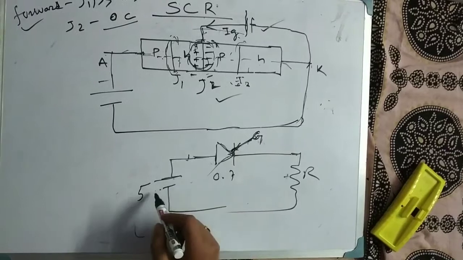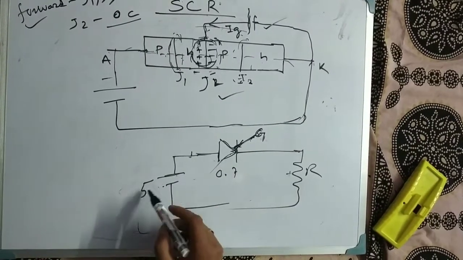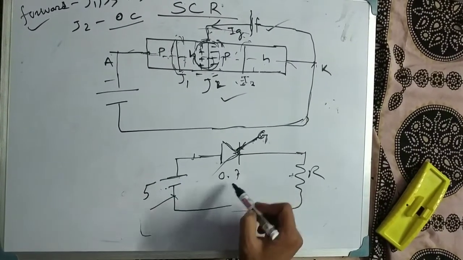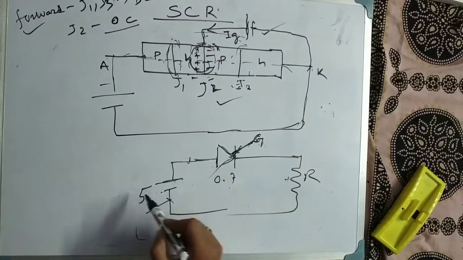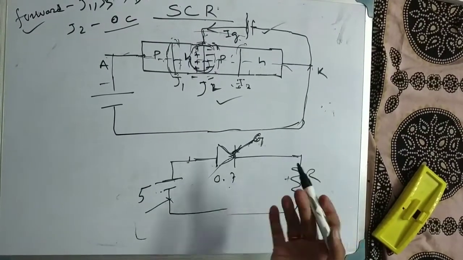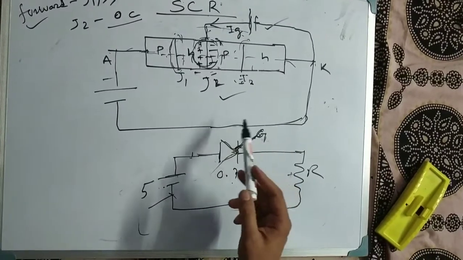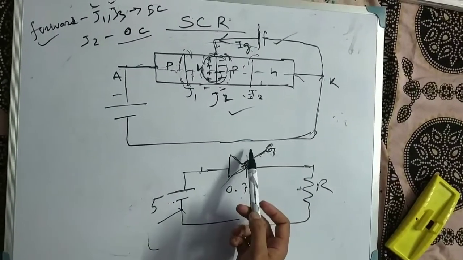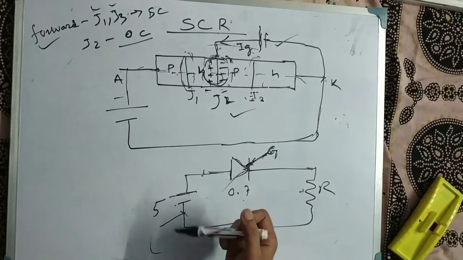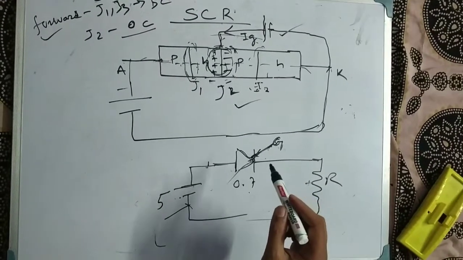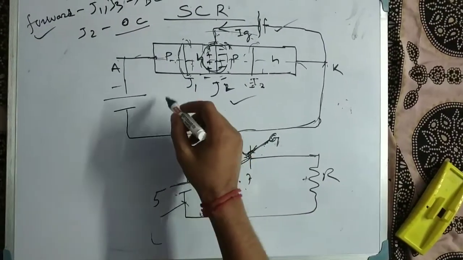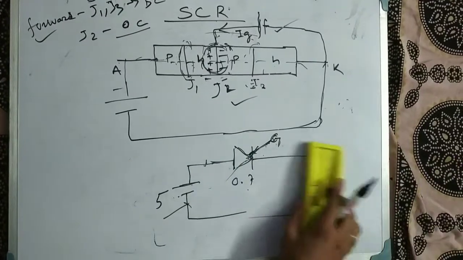For the diode, it is not in your hand, because if the supply voltage is greater than 0.7 volt, the diode will automatically turn on. So to start the conducting process of the thyristor, we have to supply a gate current. This is in your hand. That's why it is called a semi-controlled device.